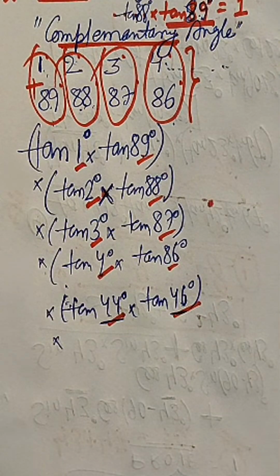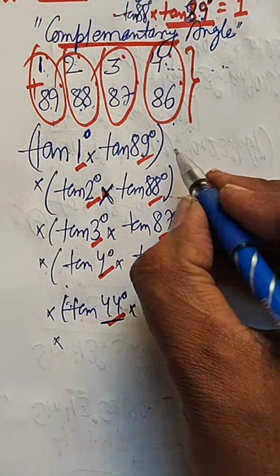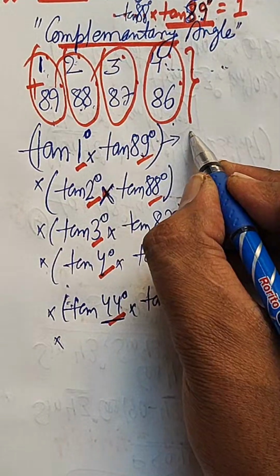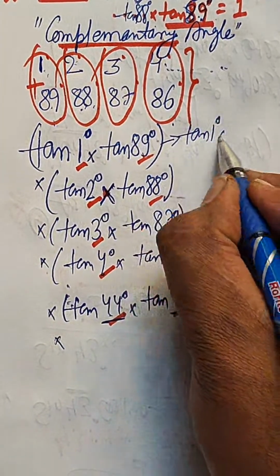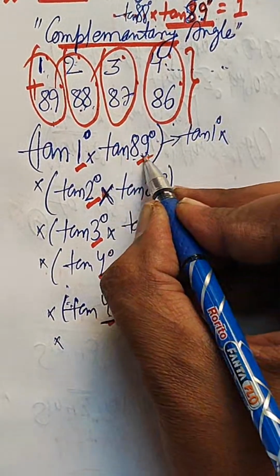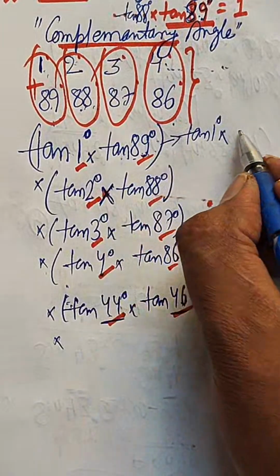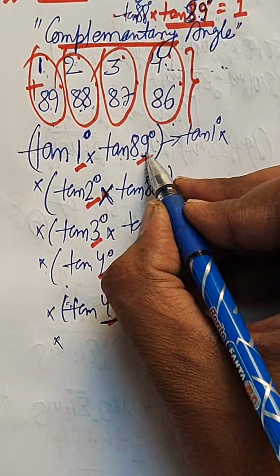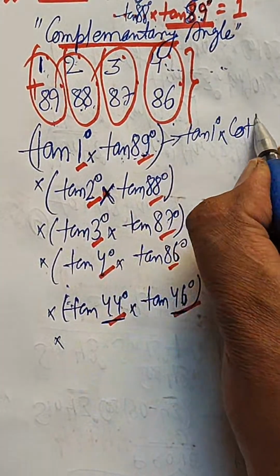So we can write tan 1 and tan 89 as follows: tan 1 degree, and tan 89 can be written as cot 1 degree, because tan of 90 minus 1 degree is tan 89, so it will be cot 1 degree.